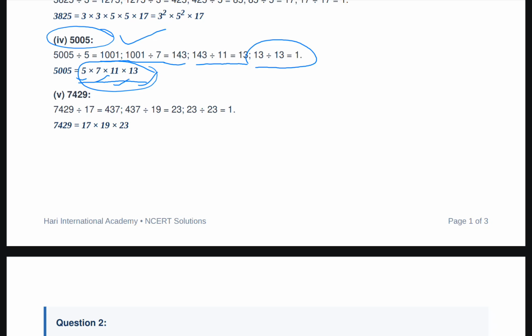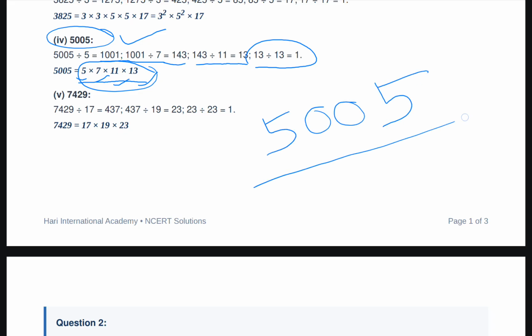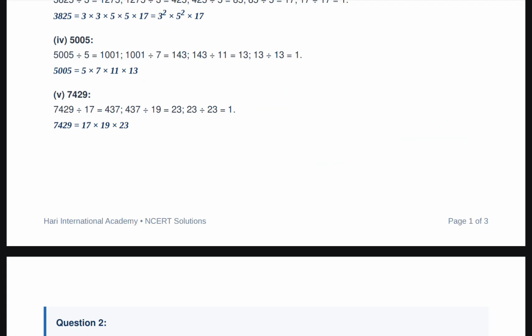So if you get stuck on any kind of number, just like here it is given 5005, in this kind of question you will have to use these tables. Okay, so be careful about that. Learn tables perfectly and revise them every day, so that you will be easily able to do any question just like this question. So now move on to the next question.